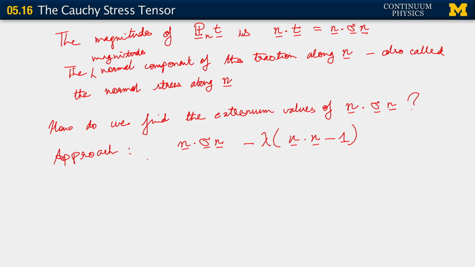Instead, we consider this function of n and lambda, where lambda is the Lagrange multiplier.